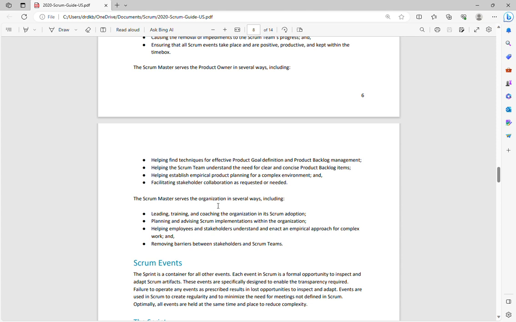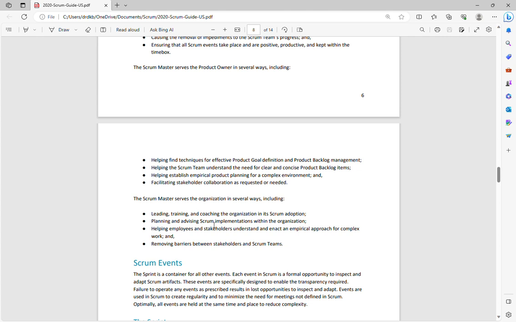So whether it is one-on-one coaching outside the Scrum team, or having multiple workshops on the Scrum fundamentals across the organization, it is the responsibility of the Scrum Master to be able to conduct multiple workshops across the organization to coach the team and provide them the training related to the Scrum framework, or they can provide one-on-one coaching also if anyone from the organization or the team is interested in learning about it.